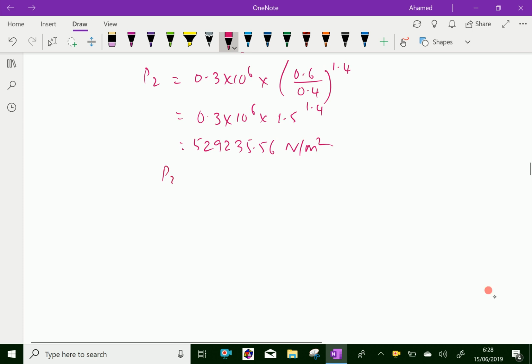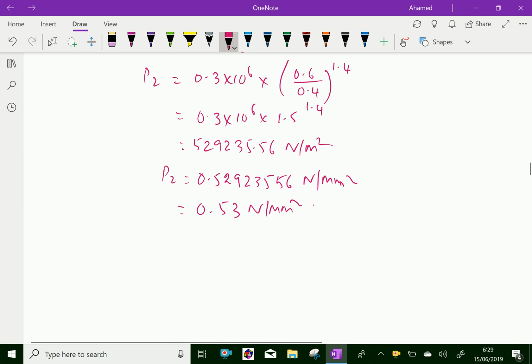Therefore, P2 equal 0.52923556 Newton per mm square, approximately 0.53 Newton per mm square.